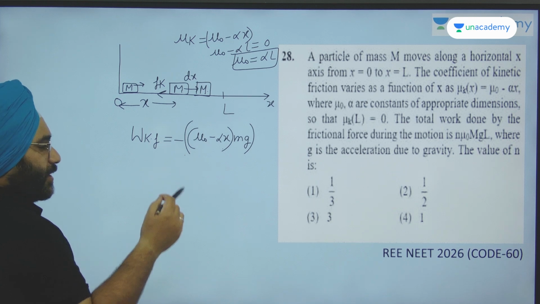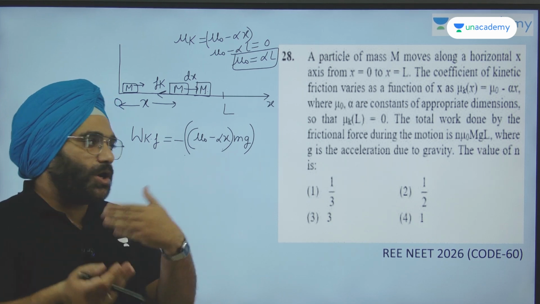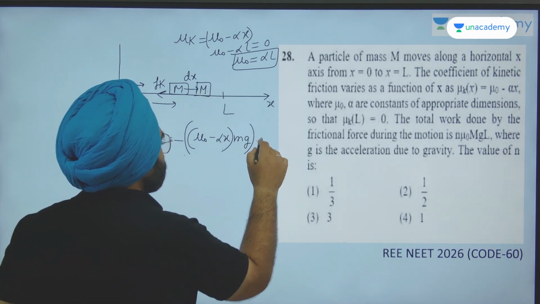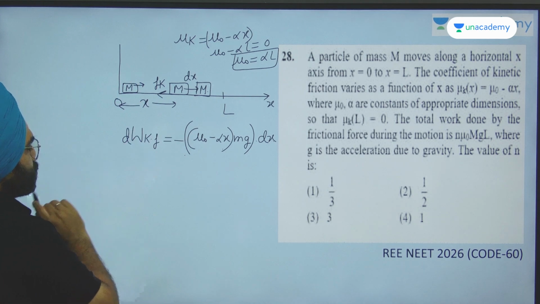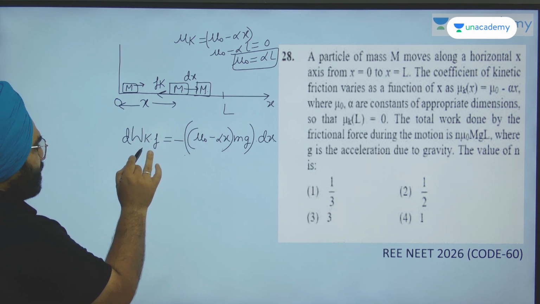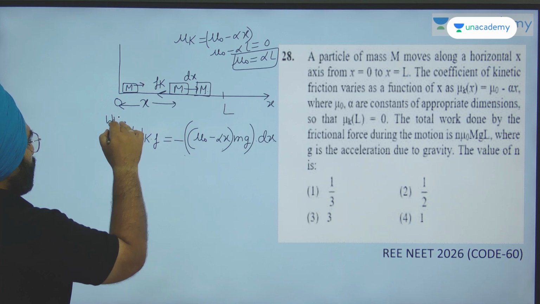Negative I have taken because kinetic friction acts like this and the displacement is in this direction, cos 180 already I have taken as negative, multiplied by the displacement in the right direction, dx. Got it? So this is a small work done. I will write it as dWkf, the small work done by kinetic friction.